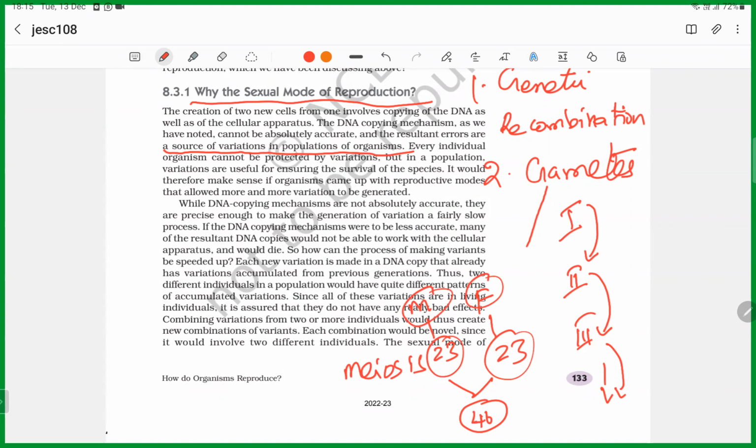Every generation has genetic recombination, but the genome is similar in all individuals. What is the percentage of genome similarity in all of our bodies?